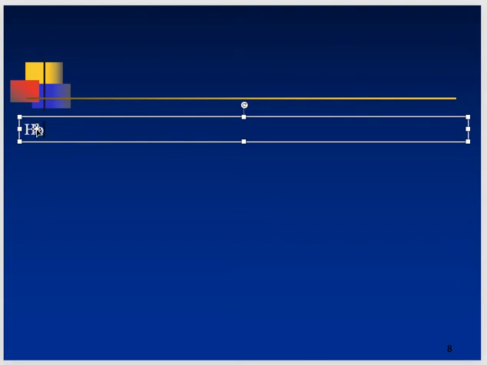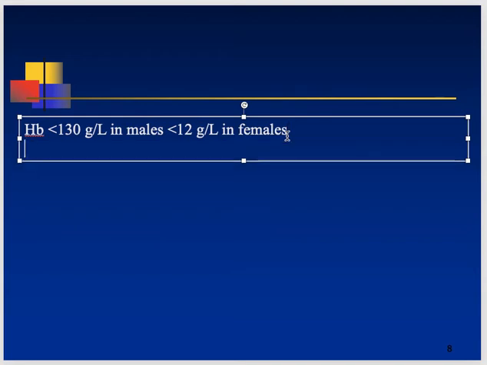In males, when the level of HB is less than 130 grams per liter, and in females, for example, less than 120 grams per liter, we call this condition anemia. In pregnancy, this is not the definition, the levels are different, but our discussion right now is not that one.